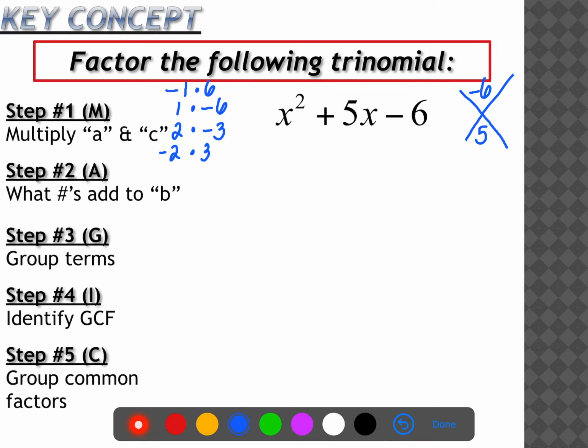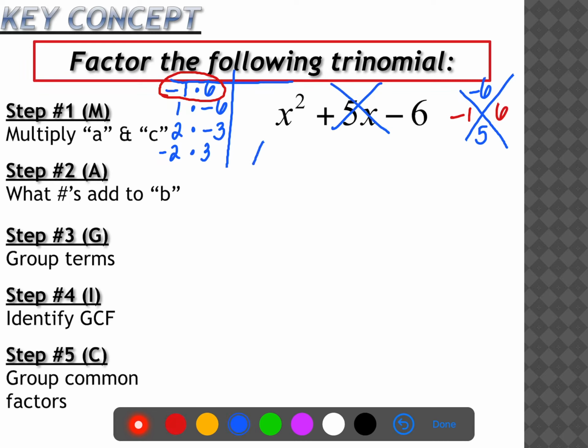So those are all of my factors. And will any of those add to 5? -1 and +6 add to a +5. So -1 and 6, those are my two magic numbers.